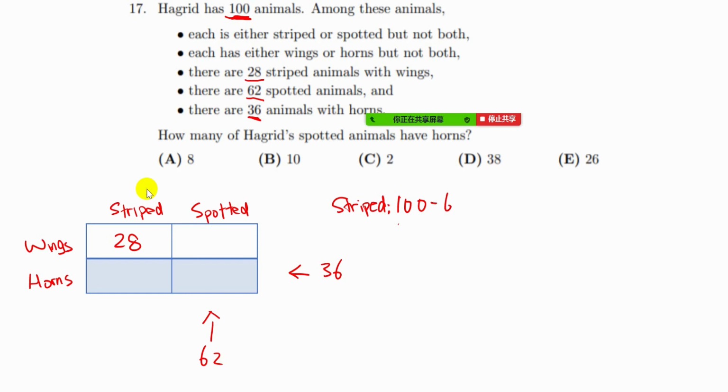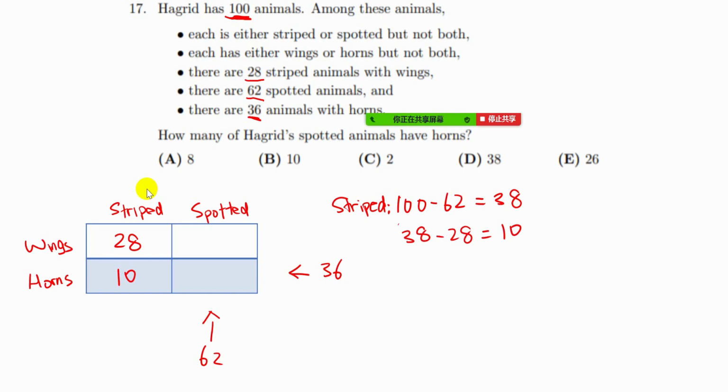So 100 minus 62 would be the column of the striped animals, and that would be 38. And then we know that there are 28 striped with wings, so we do 38 minus 28, which is 10, and then that would be the amount of animals that are striped and have horns.